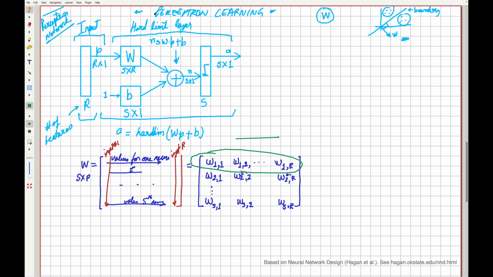So this is horizontal, we are going to flip it over to a column, and we are going to say that Wi, which is the ith row in this particular weight matrix, is equal to, and then here we are going to put all of these values. So we are not saying 1 or 2. If I say 1, then what we are essentially saying is we take the first row in that matrix, which is W1,1, then we have the second value W1,2, and then we have the last value as say W1,R.